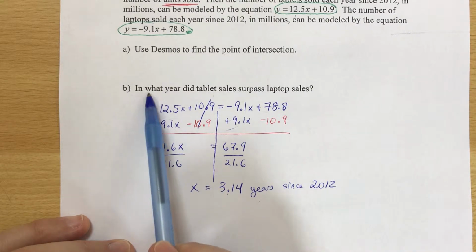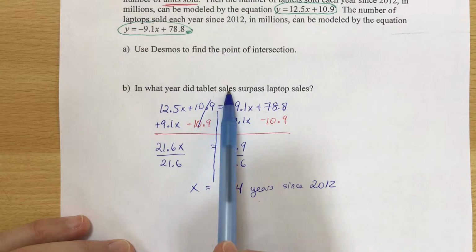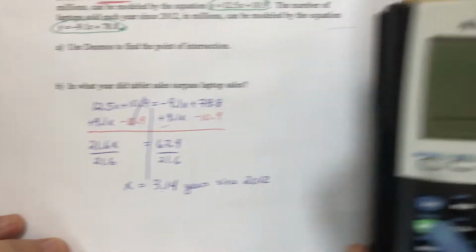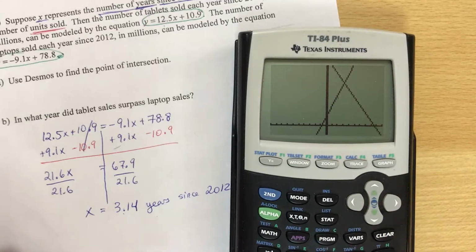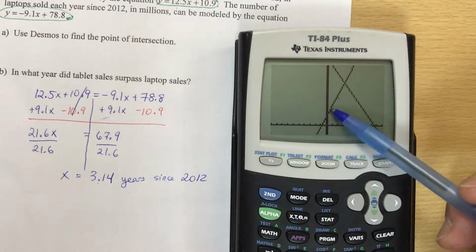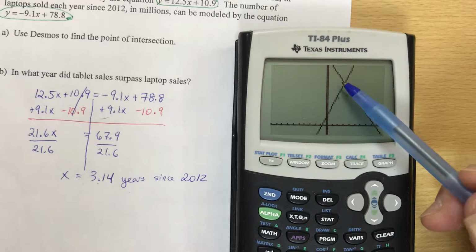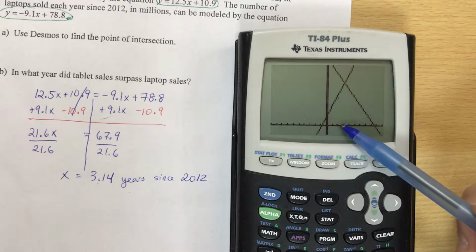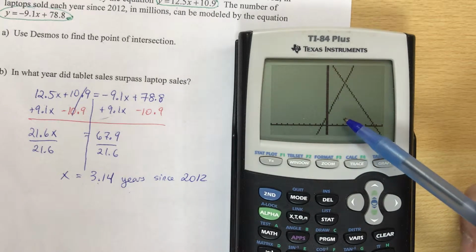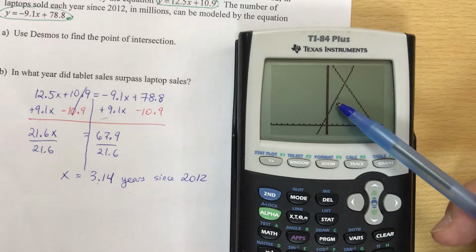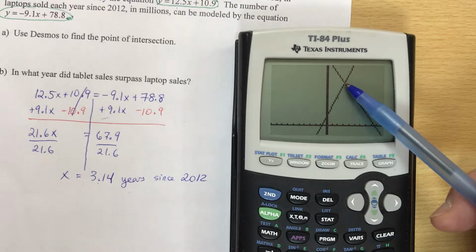For part B, it says, in what year did tablet sales surpass laptop sales? If I look at my picture again, tablet sales is here, and laptop sales had the negative slope, that's here. Notice at the beginning, this is the time in years since 2012, the laptop sales were above the tablet sales until we got to this point.